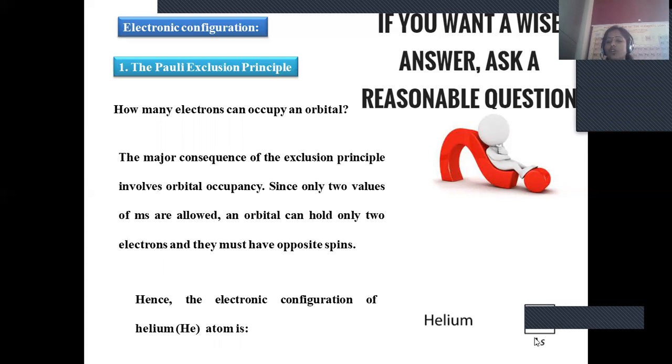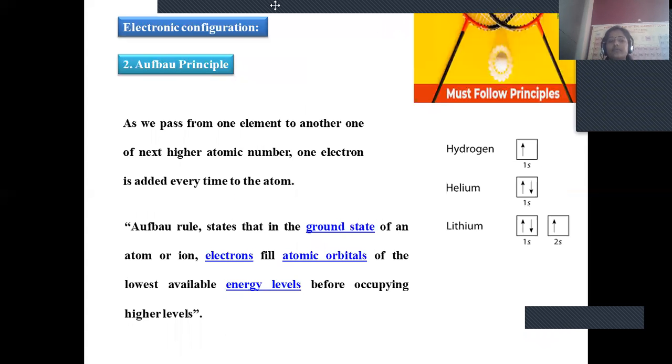The maximum capacity of the orbital is 2 electrons, right? That is the consequence of Pauli's exclusion principle. And they must have opposite spin: one clockwise and the other anti-clockwise. Then only it will be allowed. Hence, the helium electronic configuration is concluded like this, right? So this is a consequence of Pauli's exclusion principle.